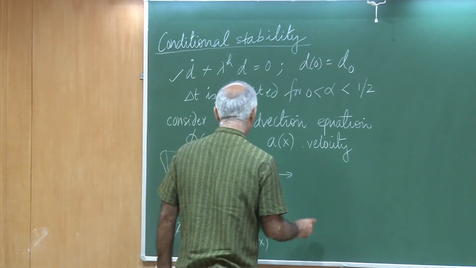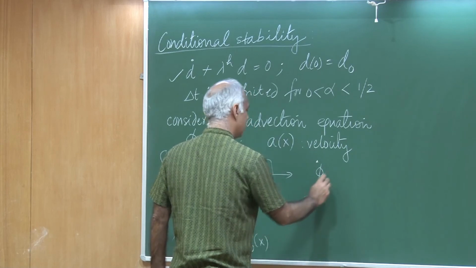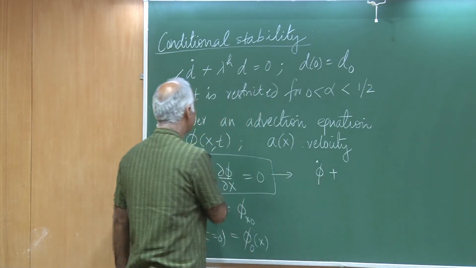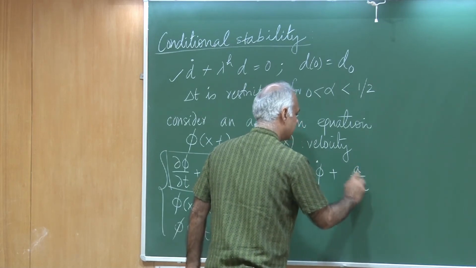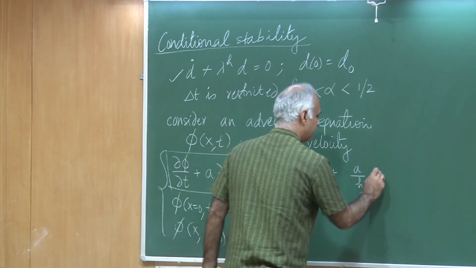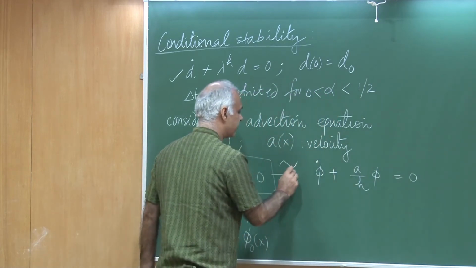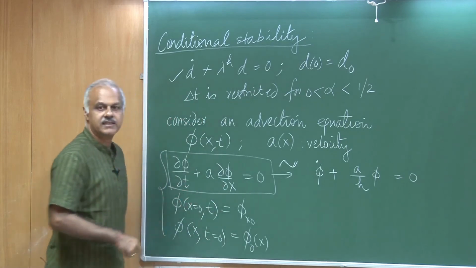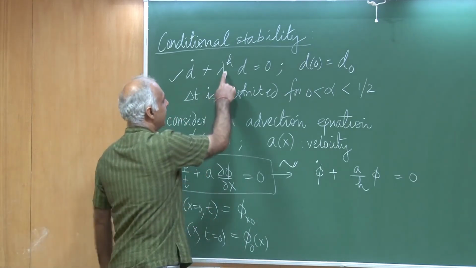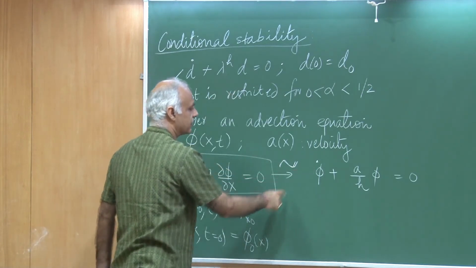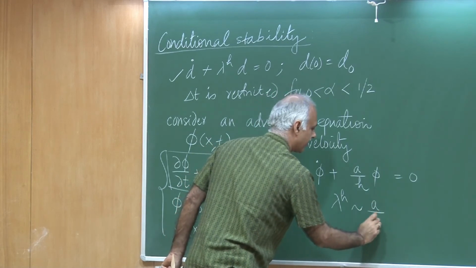So, if I do that, then roughly speaking I would get phi dot plus, in terms of A, a quantity like A by h, which is my element length, times phi, and this is equal to 0. So, this is the very rough estimate of this equation from an order of magnitude analysis. And therefore, by comparing this equation with this one, I can perhaps say that lambda h is of the order of A by h.